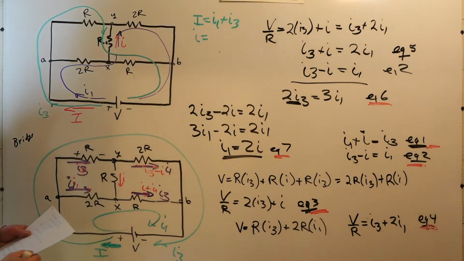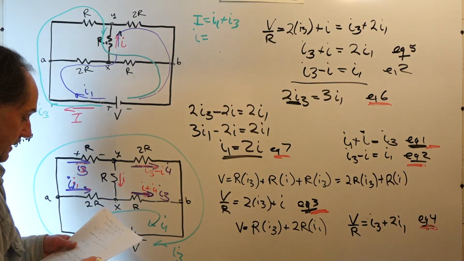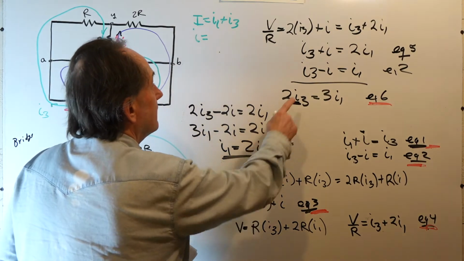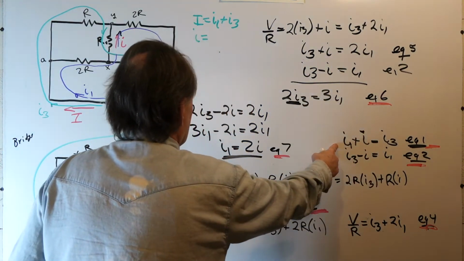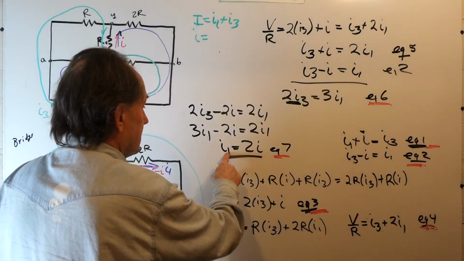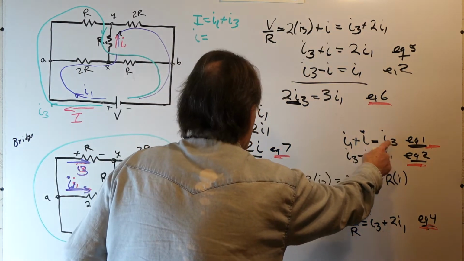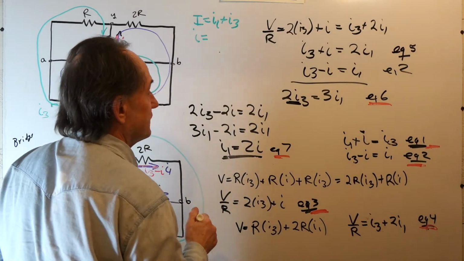Okay, now let's substitute equation 7 for I1 into equation 1. We can eliminate the I1 and get I3 in terms of I also.